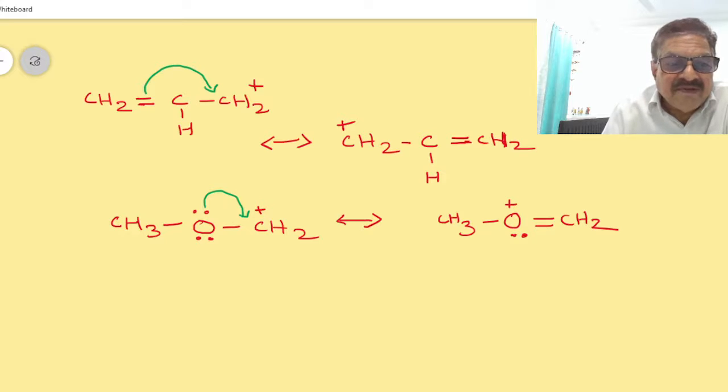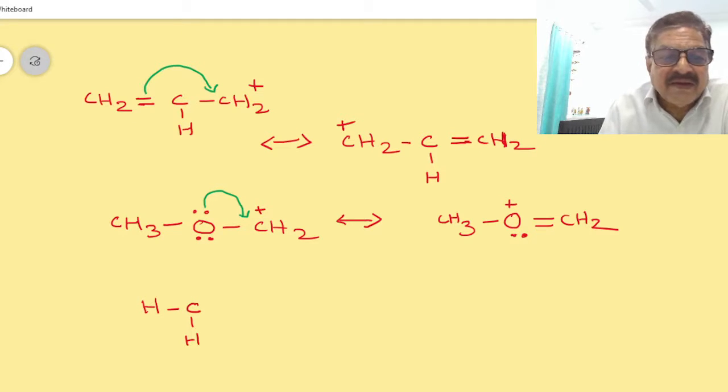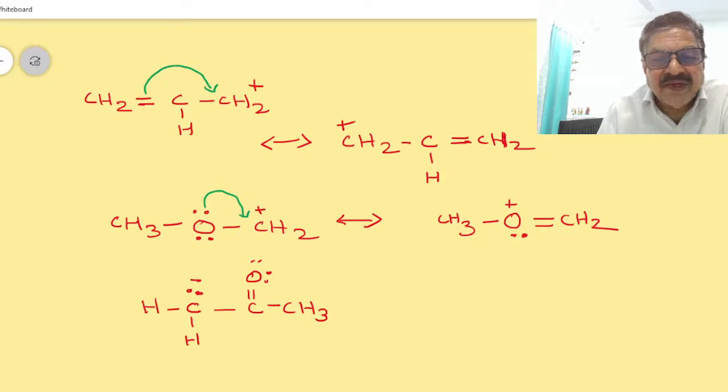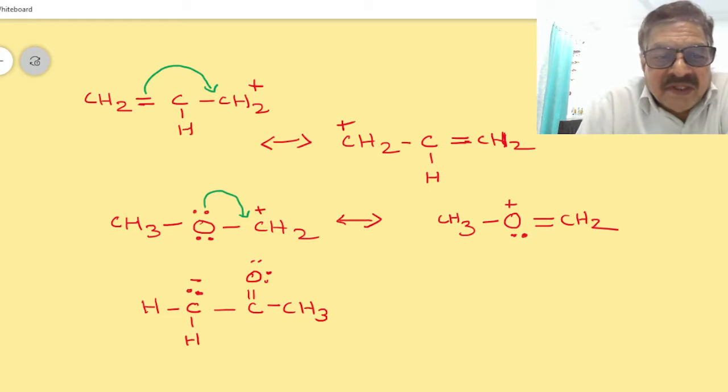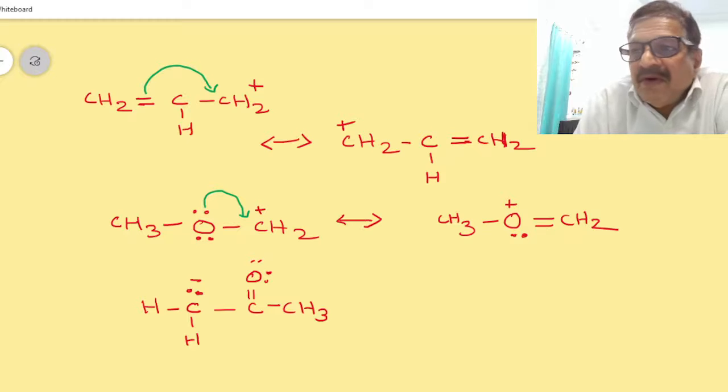Say H, C, that is CH2, correct? CO double bond CH3. The structure of this nature, that is CH2 minus, then CO CH3.